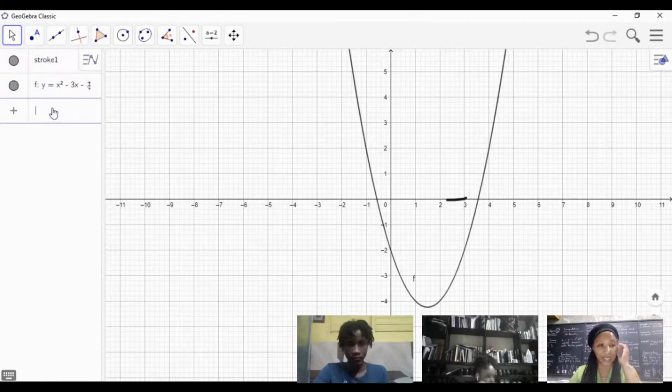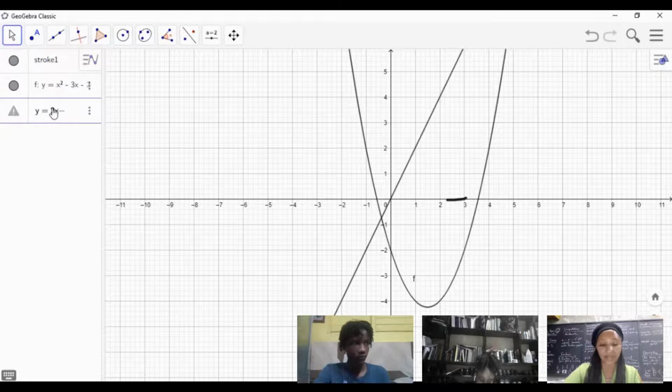That's the quadratic, and the linear is y is equal to 2x minus 8.